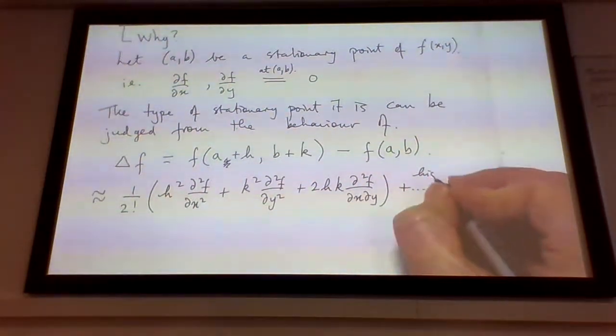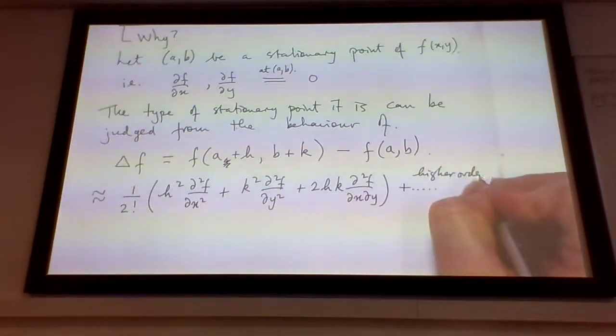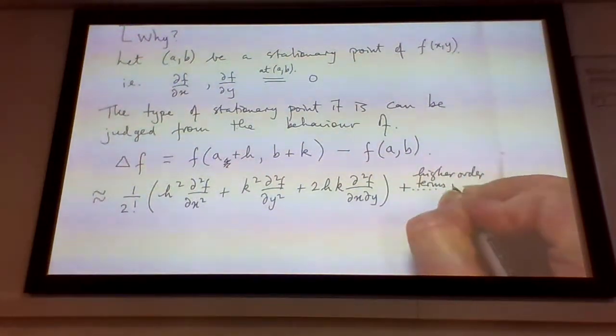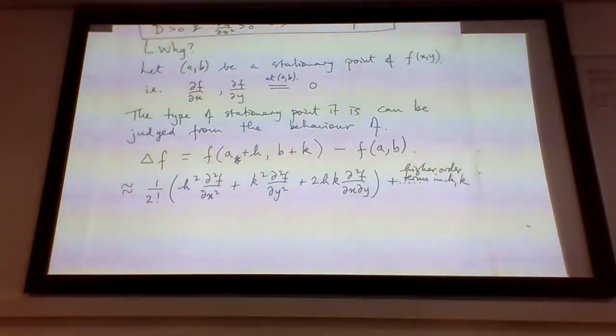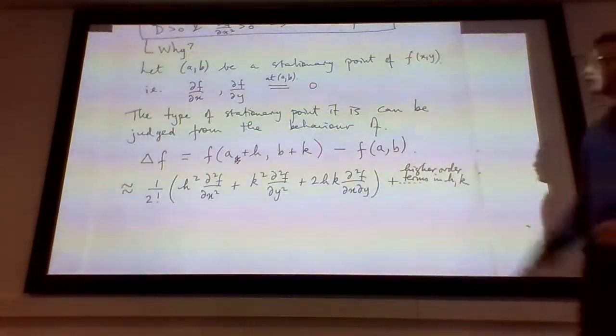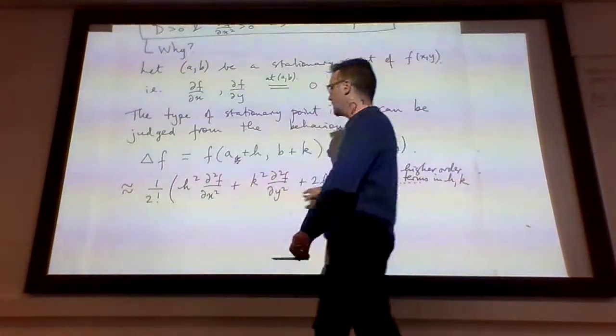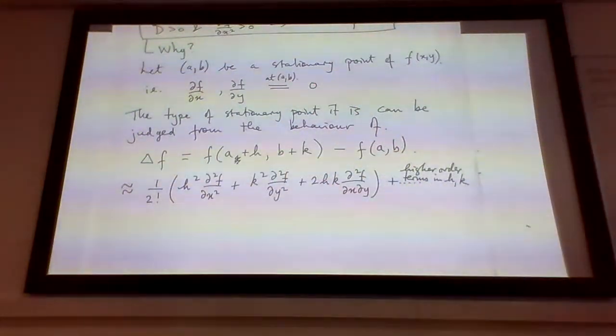Plus these higher order terms in h and k. So this is the 1 over 2 factorial times the square of that differential operator from the Taylor series.